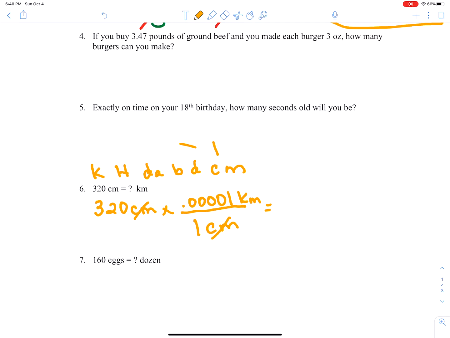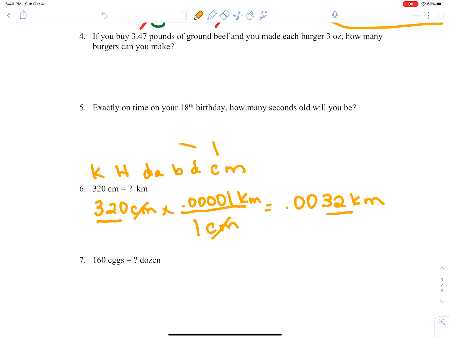If I take 320 times 0.00001, you should get 0.0032 kilometers. Now, 2 sig figs over here, 2 sig figs here, so your answer is correct.